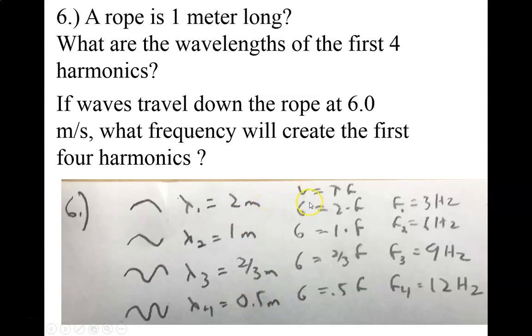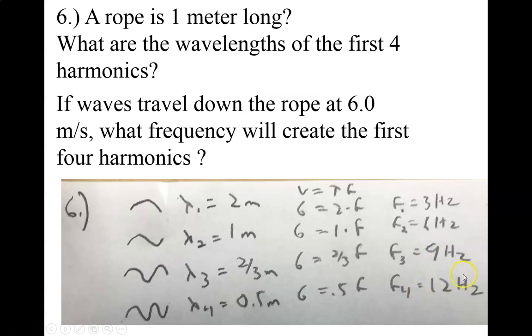To figure out the frequency, you take the velocity, v equals lambda f. So 6 equals my wavelength, which for the first one is 2, times f, so my frequency is 3 hertz. If I plug in my wavelength of the second standing wave, I get 6 hertz. I plug in my wavelength for the third standing wave, I get 9 hertz, and for the fourth one, I get 12 hertz.